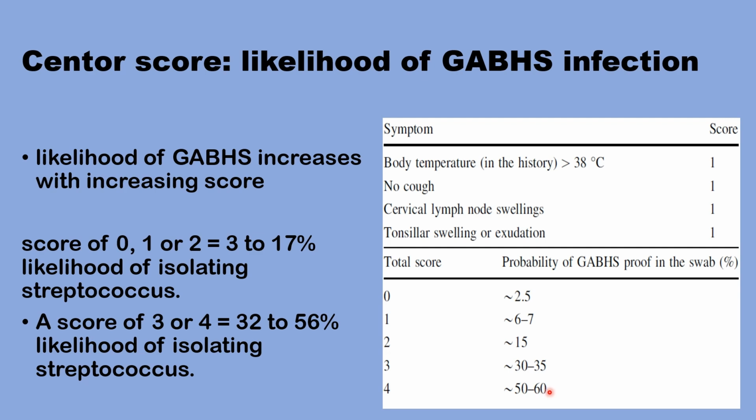You are more likely than not to have a group A beta hemolytic strep. The guidelines would advise that if the score is 3 or 4, then an antibiotic prescription should be considered.